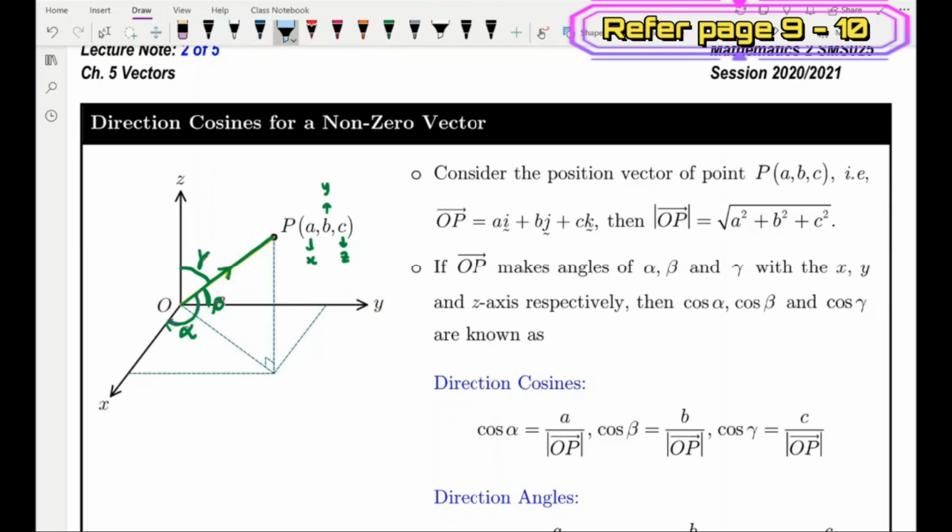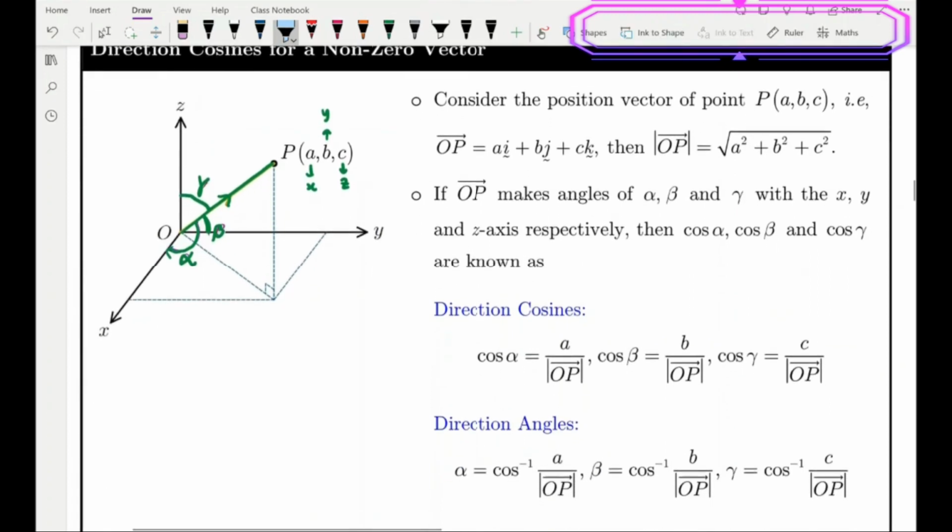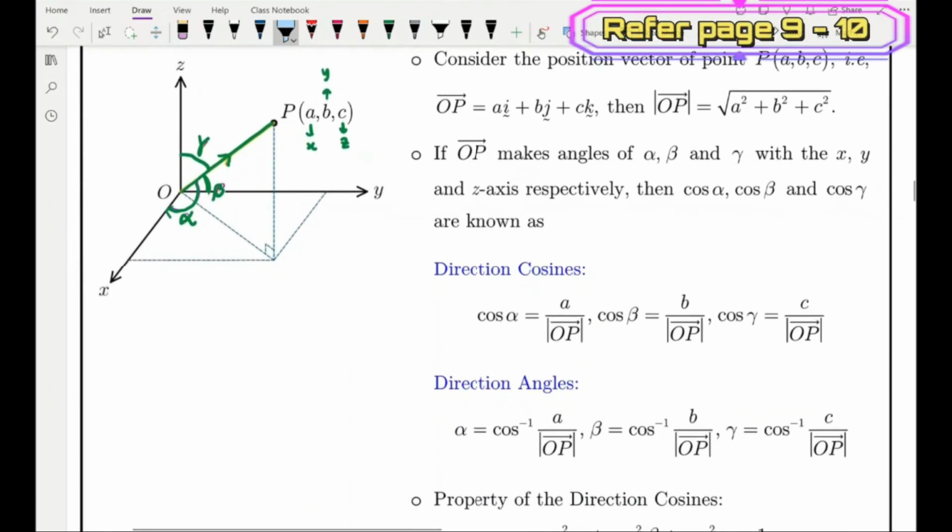Alright. So, how about the angle between alpha, beta and gamma? So, we can get it by using angle between two vectors. So, cos alpha, we just take the value of A over the magnitude of OP. Cos beta equal to B over magnitude OP.